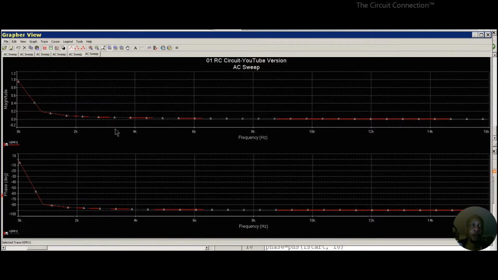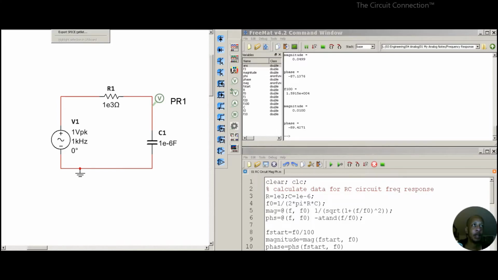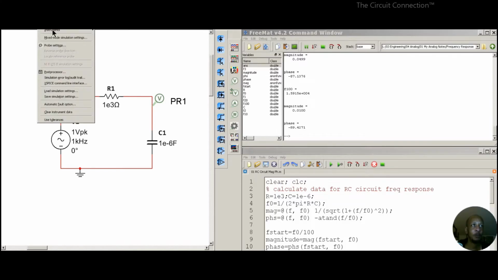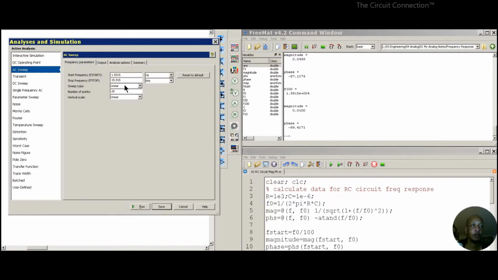And by the way, you get these hard straight lines because if you wanted to run it like that, you need to put more than 20 points on the whole graph. So this is not per decade. It's talking about how many points on the whole graph.